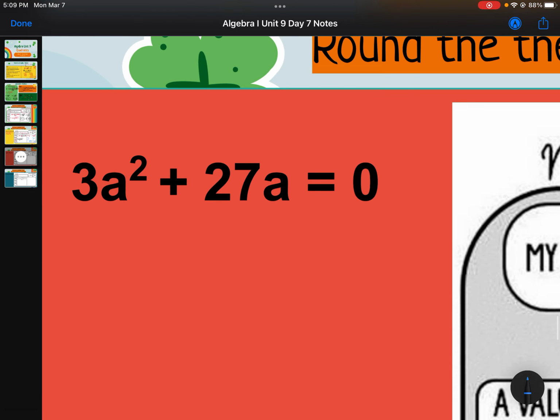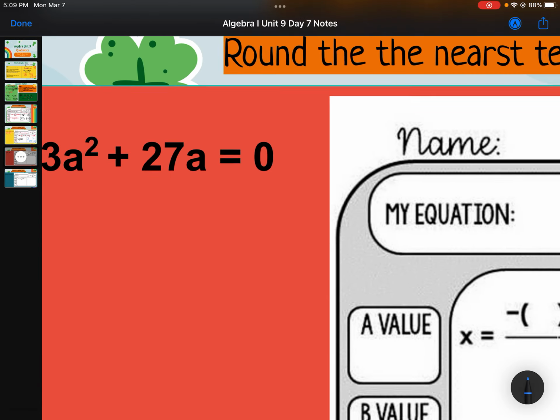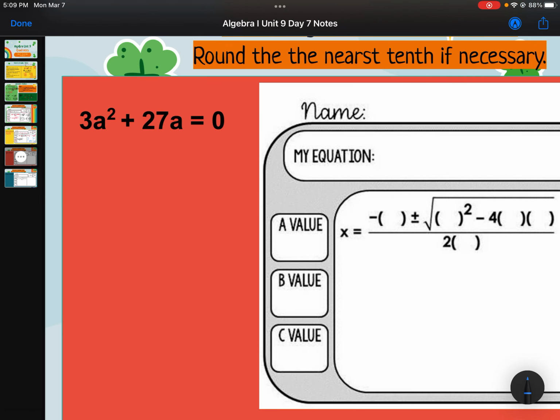Okay, example 4. Everything is set equal to 0, so we are good to go and start labeling our a, b, and c. So in my equation here, 3a squared plus 27a equals 0. The a value is 3. The b value, 27.